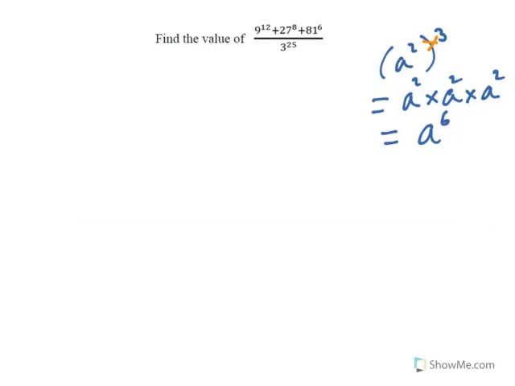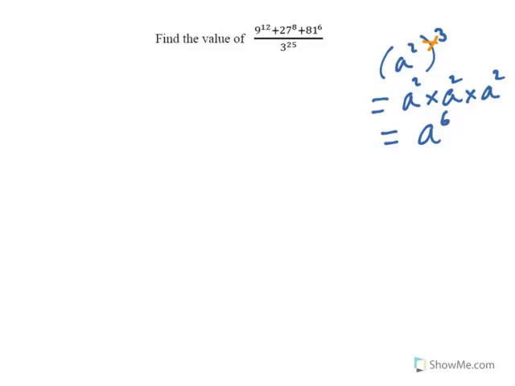Well, the clue is in the denominator, which is 3 to the power of 25. So there is a suggestion that perhaps we should change each term in the numerator and express each one as a power of 3 or in base 3.